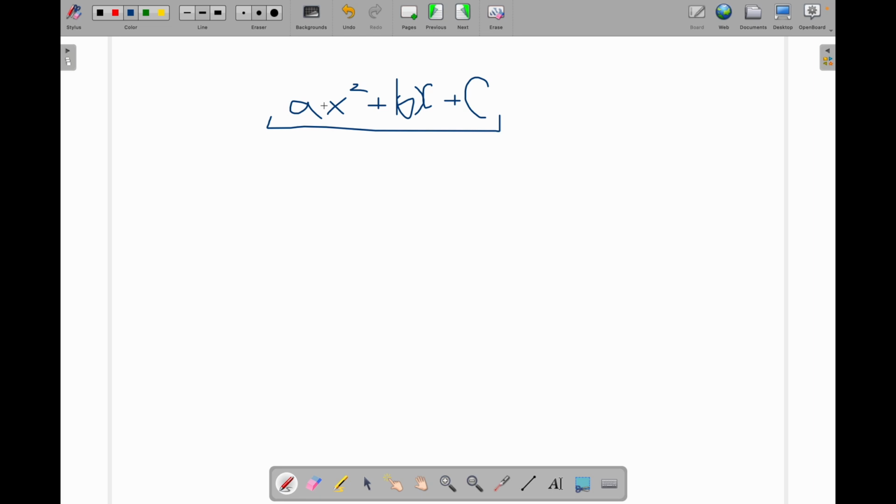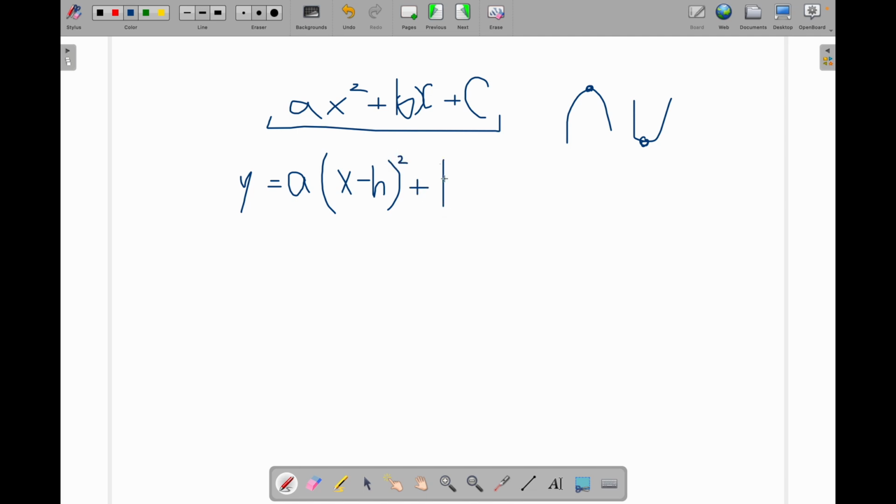Now, we can derive a few equations. First, you can see this in vertex form. The vertex is where the minimum or maximum of your quadratic function is, which can be seen either right here or right here. This equation is written as y, or whatever our function is, equals a times (x minus h) squared, plus k.